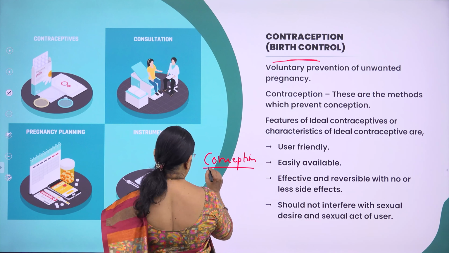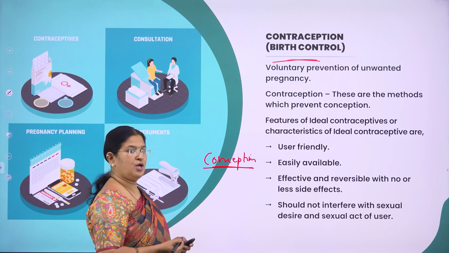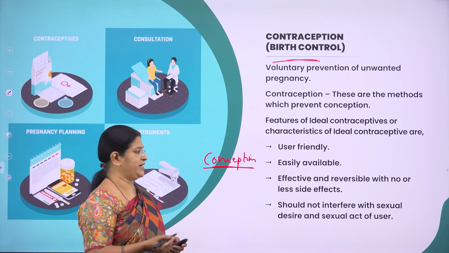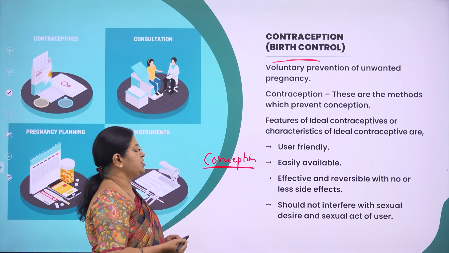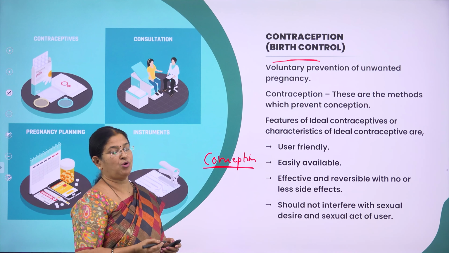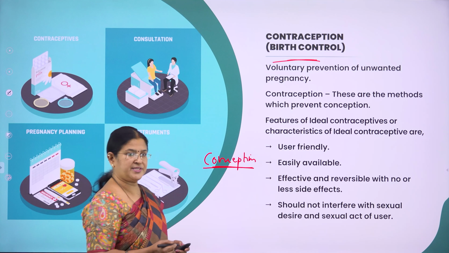So avoiding pregnancy is called contraception, and the methods implemented to avoid it are called contraceptive methods, right?